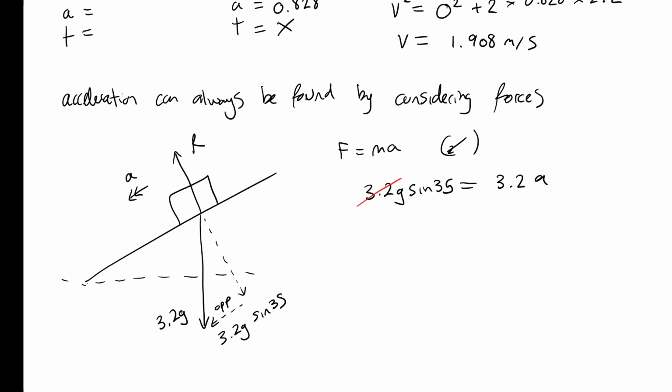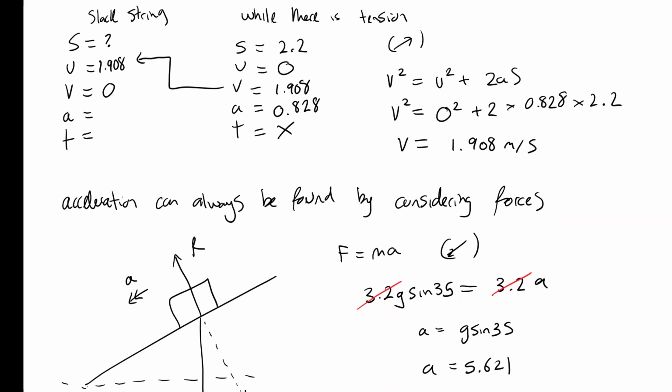We can cancel the m's, the 3.2's, and we know that a is equal to g sine 35, which is 5.621. So again, SUVAT should always be updated, this vertical SUVAT, just so that everything is easy to see.